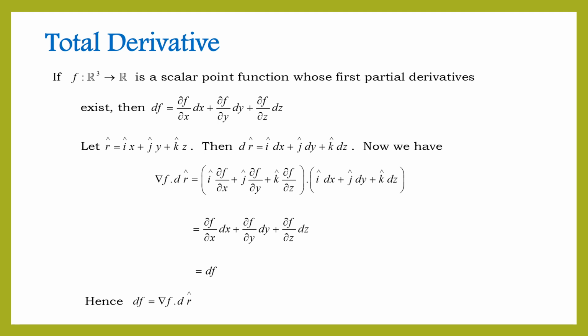If we perform this dot product, we get dou f by dou x dx plus dou f by dou y dy plus dou f by dou z dz, which is nothing but df. So, if we take the dot product between these two vectors del f and dr cap, then the result is df. So, df equals del f dot dr cap, which is a very important formula which is to be used in the further work.